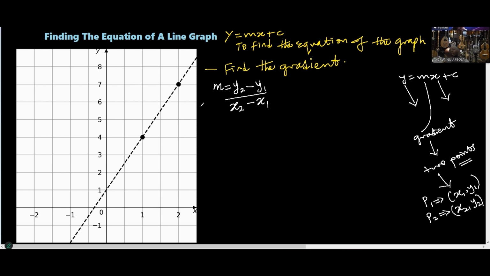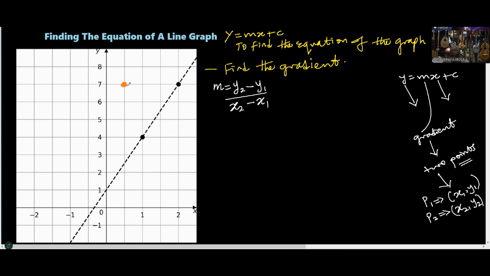So now, how to get the 2 points is the first thing before you get the coordinates of the points. For example, if I pick this point, can you find the coordinate of this point for me? 0.5, 7. Yeah, 0.5 here, then 7 here.